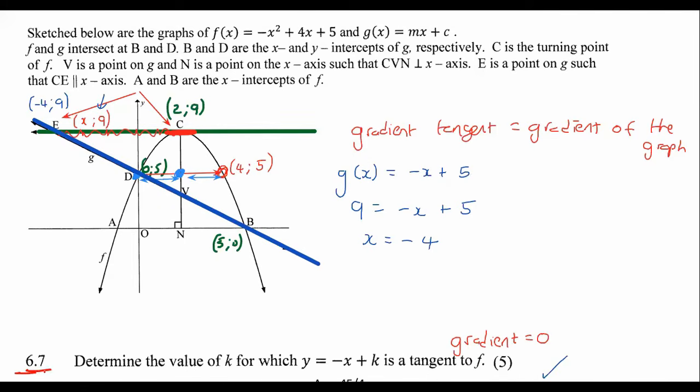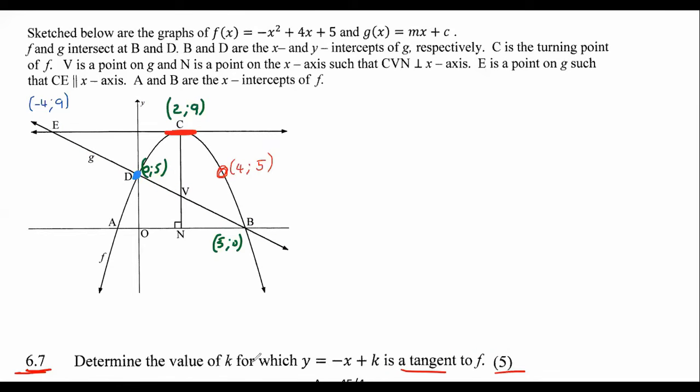This question I think will be quite interesting. It's a nice 5 marker and they're talking about tangents and stuff. So that's always interesting. So let's have a look. So it says determine the value of k for which y equals to -x plus k is a tangent to f. Okay, so guys, if you can see this correctly, y equals to -x plus k.